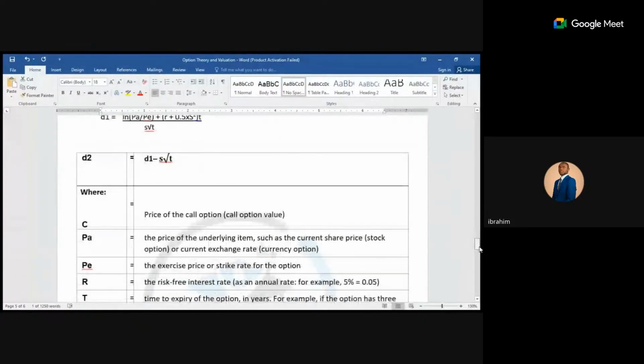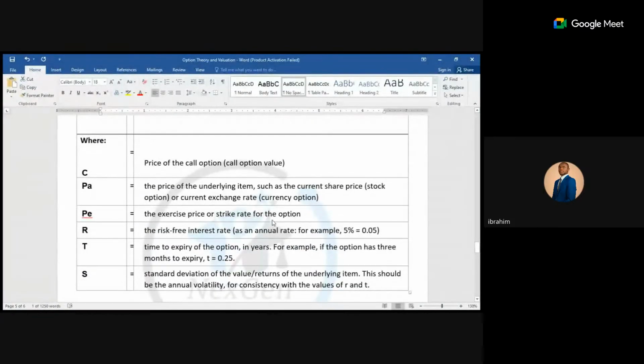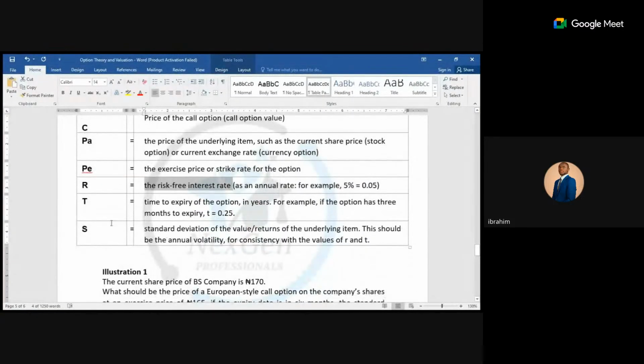PE is the exercise price or the strike price or rates for the option at the date of the contract. R represents the risk-free interest rate. T. All these variables will be given to you in the question.